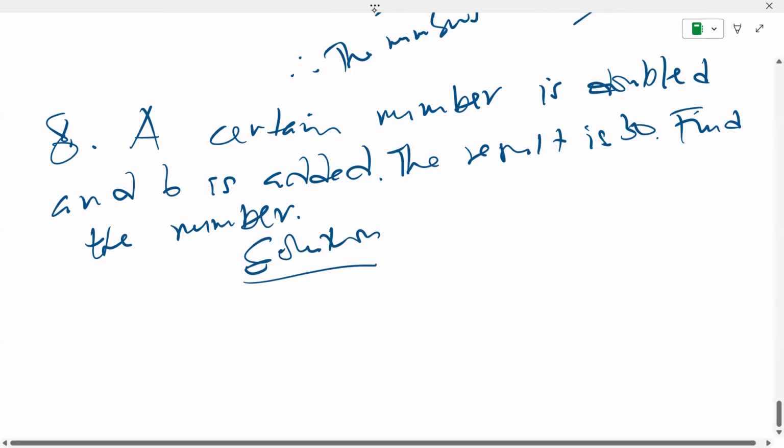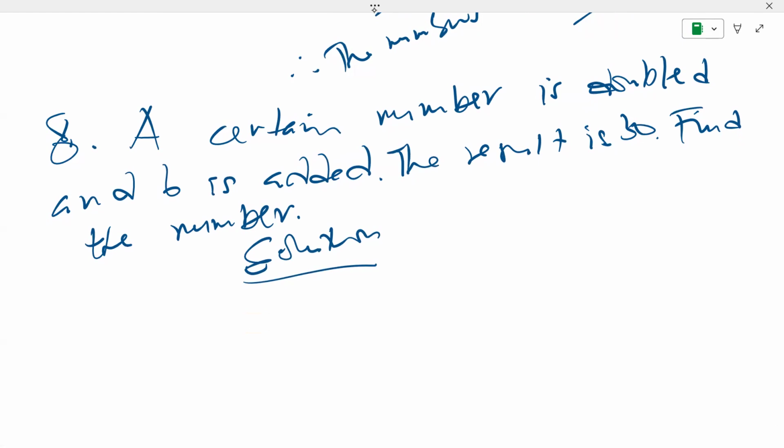The question says a certain number is doubled and 6 is added. The result is 30. Find the number.